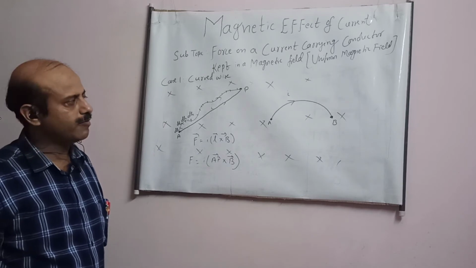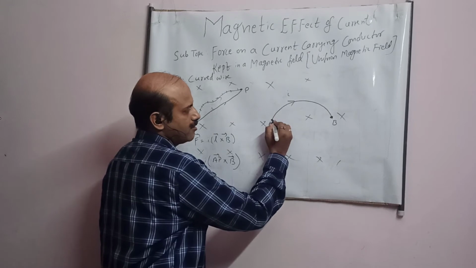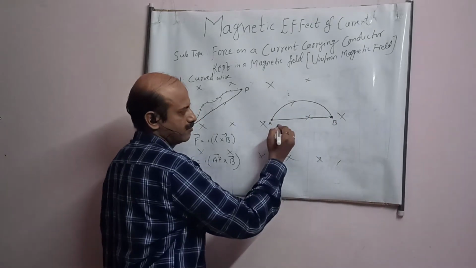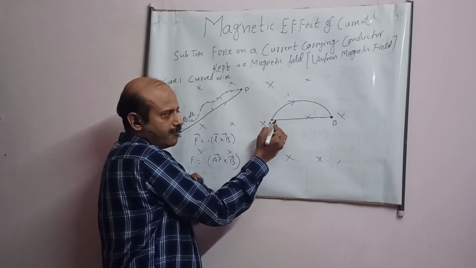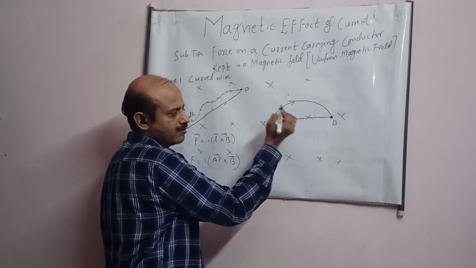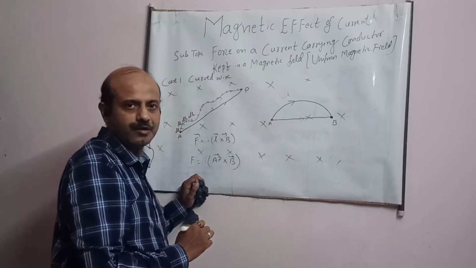Okay, student, I have to find out force on this wire. What I will do is, I will draw a straight line joining this. And I will find force on this wire. Imagine that wire is like this. I am drawing it in the dashed line because it is not the original wire, okay?